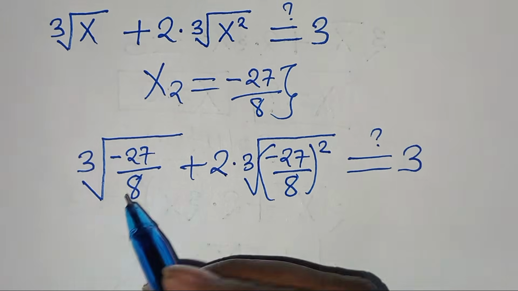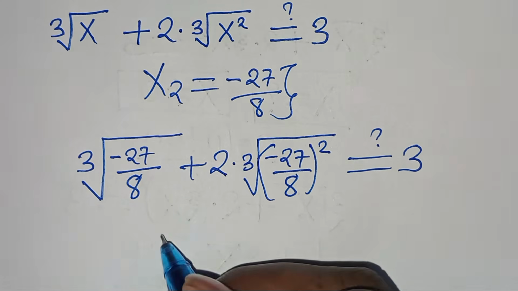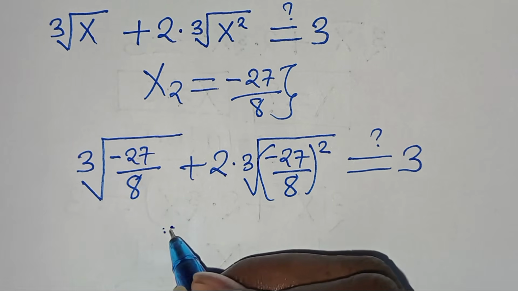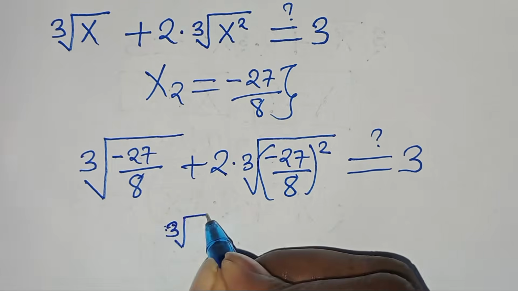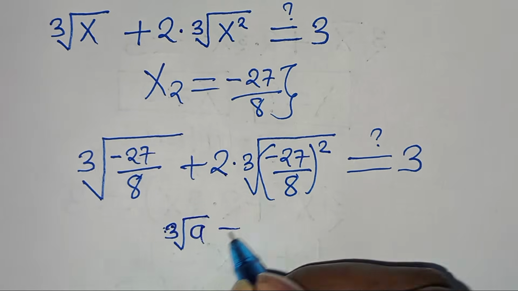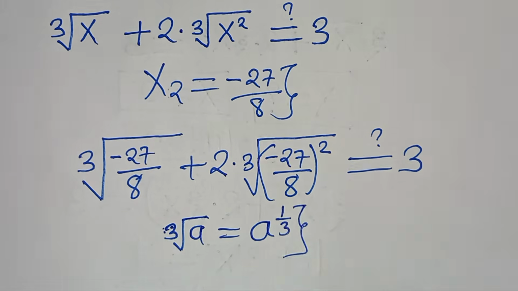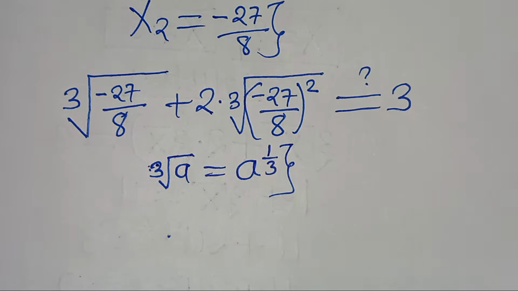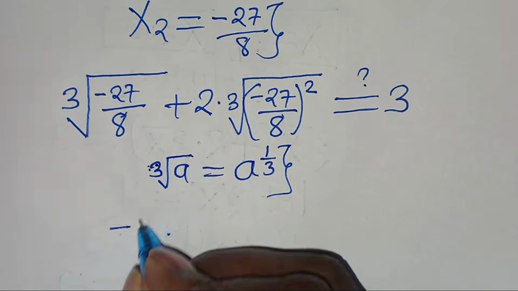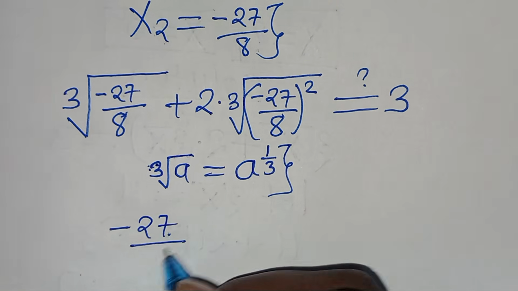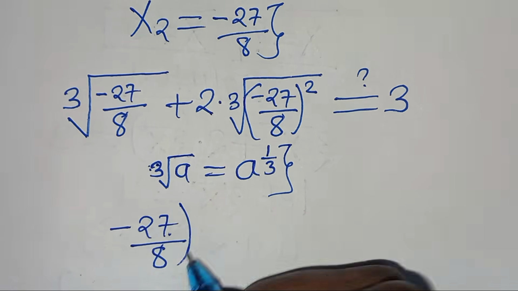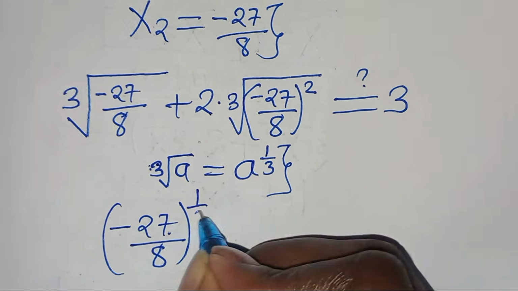Now, here we can express this. Remember, if you have the cube root of a, this is the same thing as a to the power of 1 over 3. So this implies that here we have minus 27 over 8 raised to the power of 1 over 3.